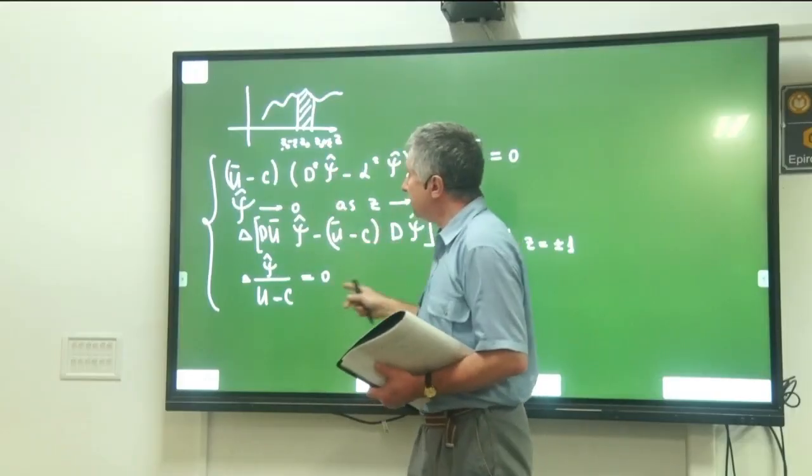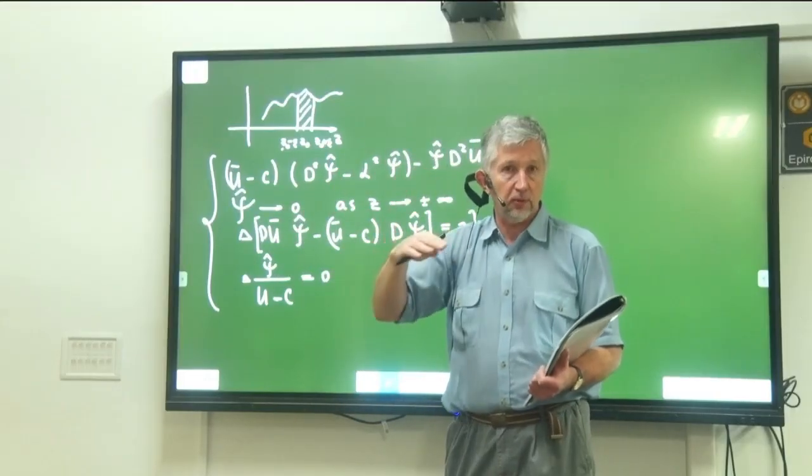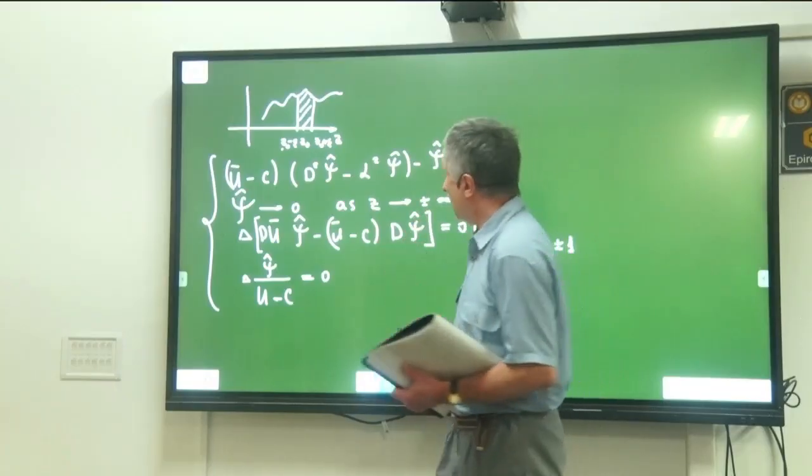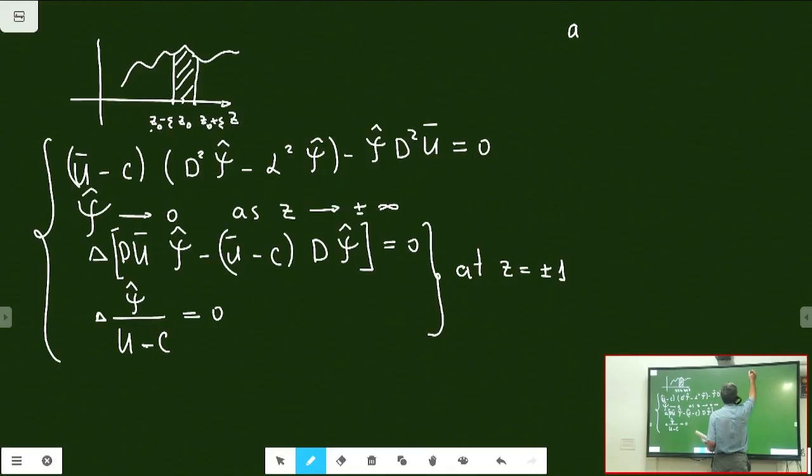This system of equations needs to be solved in each individual region. Those regions are region A, z greater or equal than 1.